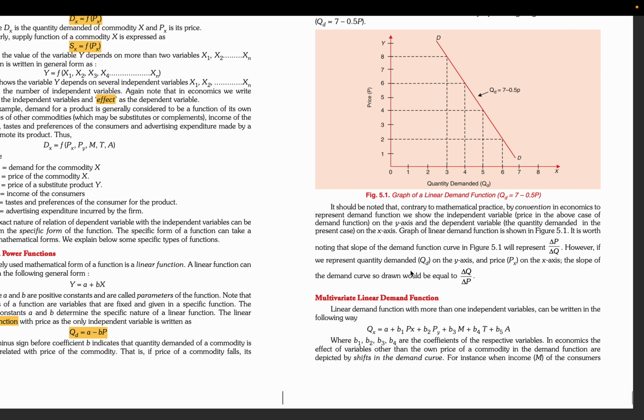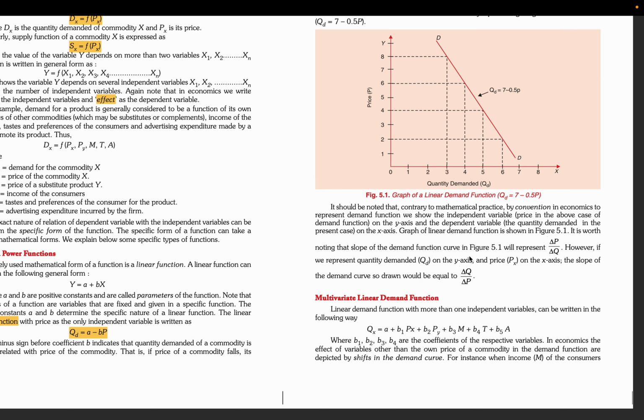It is worth noting that the slope of a demand function will represent delta P upon delta Q. However, if we represent quantity demanded on the y-axis and price on the x-axis, the slope of demand curve would be this.